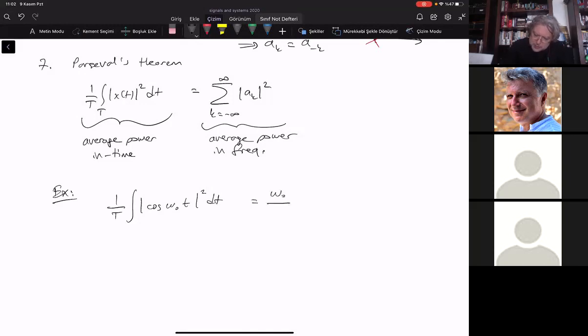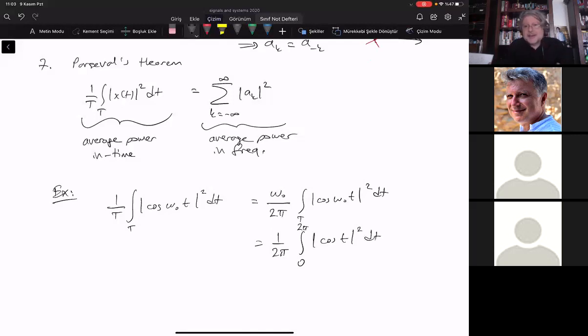You can also think of it like this: omega 0 over 2 pi times the integral within the same period of the magnitude of cosine omega 0 t squared dt. If you want to make it a simpler example, you may want to make it 1 over 2 pi from minus pi to pi, which is also valid, or from 0 to 2 pi of cosine t squared dt.